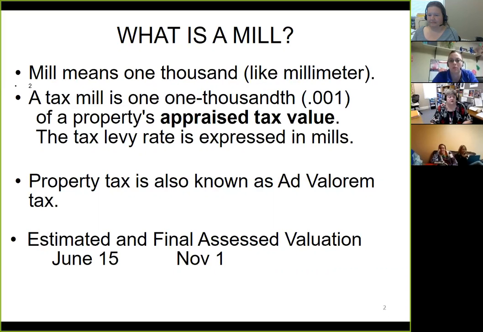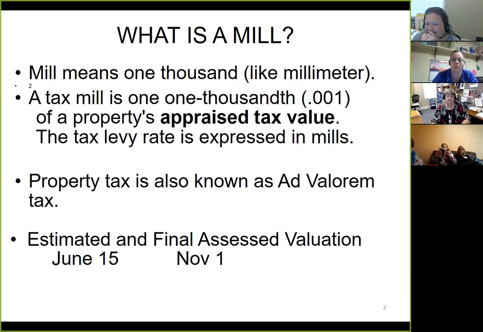Property tax is also known as ad valorem tax. They're synonymous, mean the same thing. That's that property tax bill that you pay every May and December, or if you're really good, you pay it all in December, however that works for you.